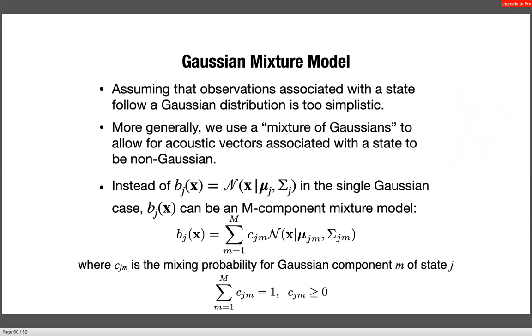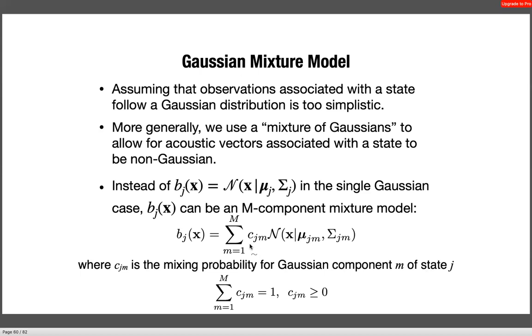So now, how does this change the expression b sub j of x? Instead of b sub j of x being a single multivariate Gaussian, now it's a mixture of Gaussians. So now b sub j of x is a summation over m. Here, the small m is indexing the mixture components in your mixture.